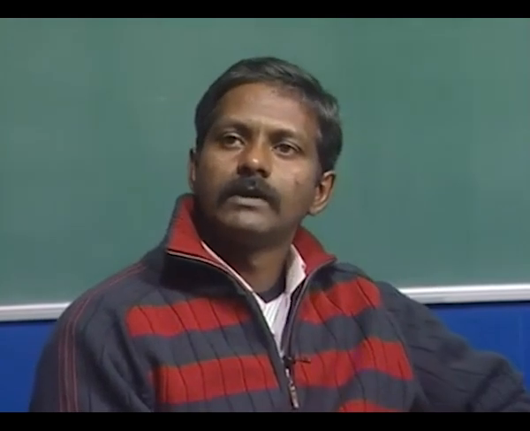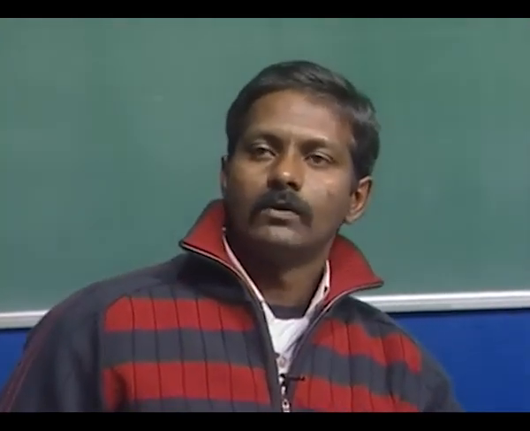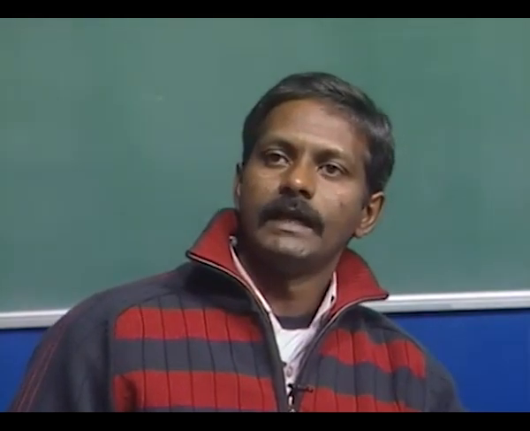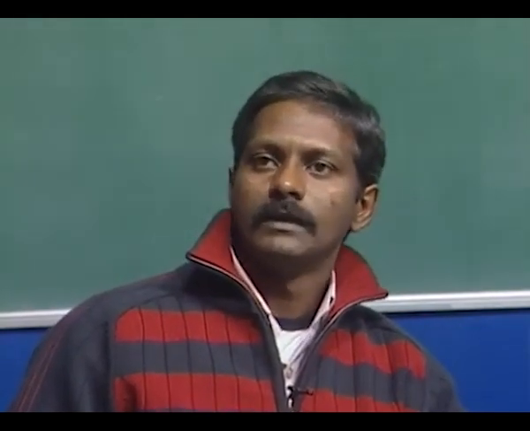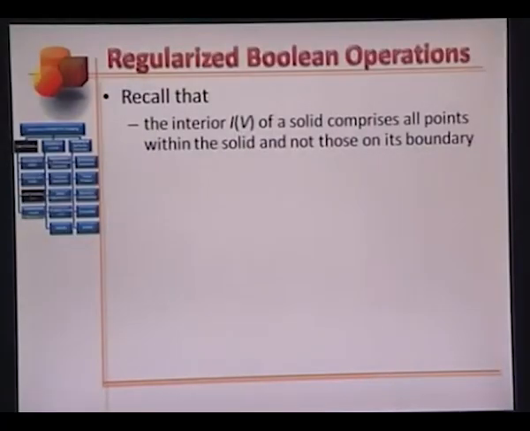Let's now talk about regularized Boolean operations. I'll tell you a little later why the Boolean operations cannot be applied in the raw form the way we discussed in the previous slide. Recall that the interior I(V) of a solid includes all points within the solid and not those on its boundary.